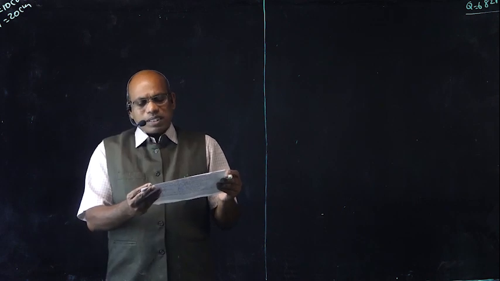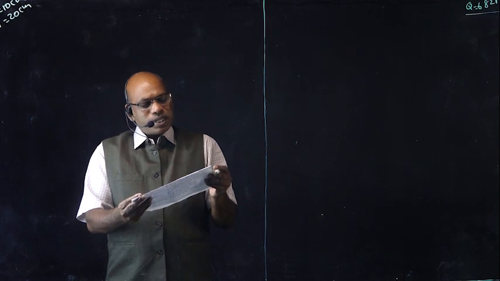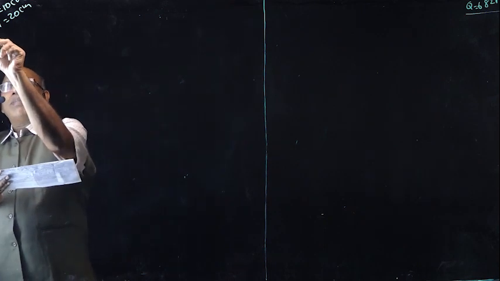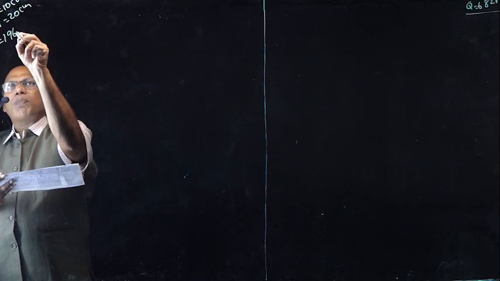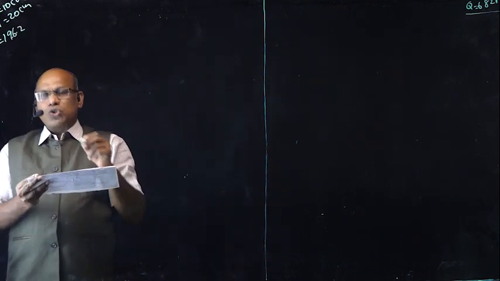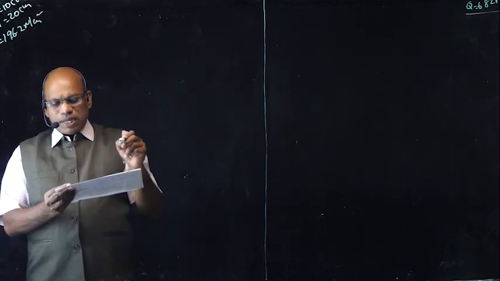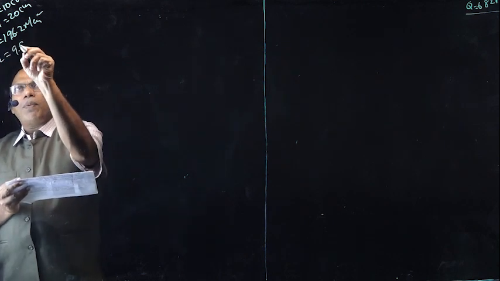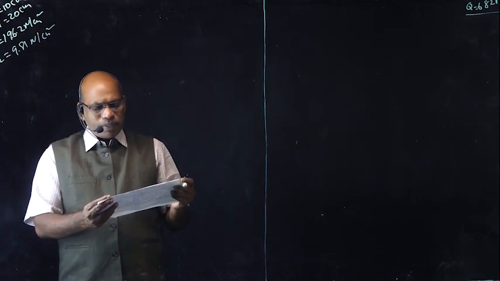The pressure gauges fitted upstream and downstream of the orifice meter give the readings P1 equal to 19.62 Newton per cm square and 9.81 Newton per cm square respectively.